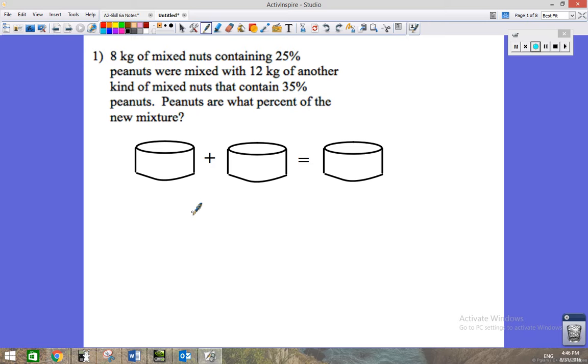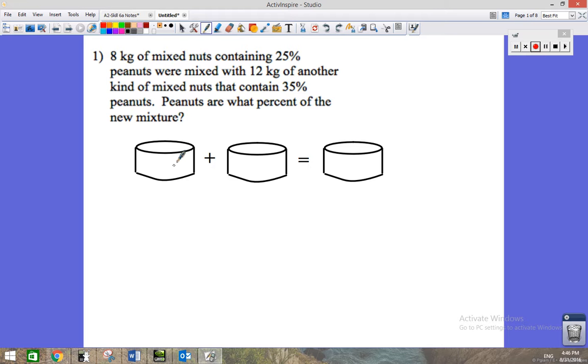So let's see what we can do with this problem in filling in information in our drawing. We have 8 kilograms of mixed nuts containing 25% peanuts. That's being mixed with 12 kilograms of another kind of mixed nuts that contains more peanut, 35%. So what percent of the new mixture is peanuts?